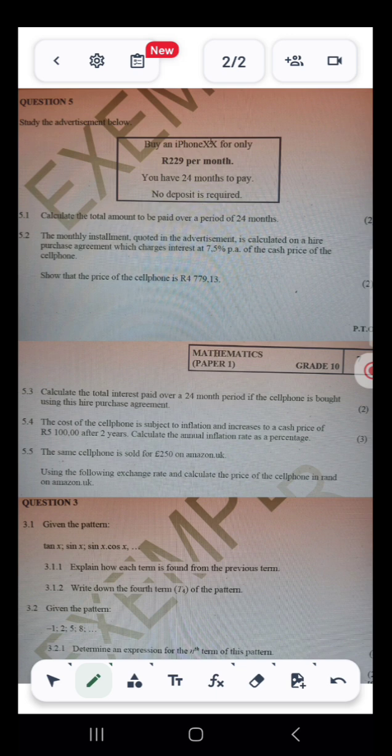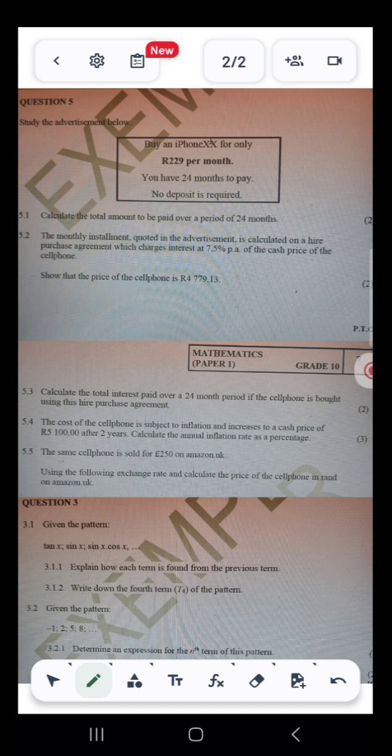Now, remember, if you have some confusion, you already know the rules. Number one, you must make sure you read the instructions of the question paper. They are very important. And then number two, number your answers according to the question paper.